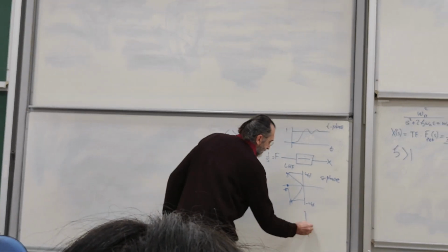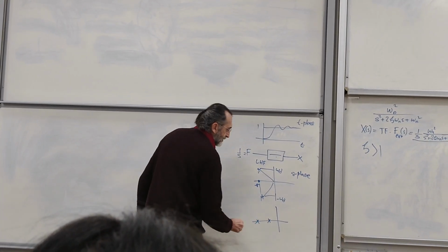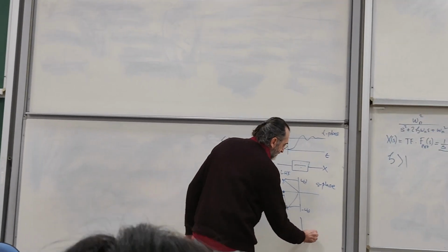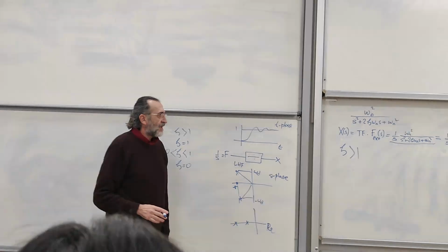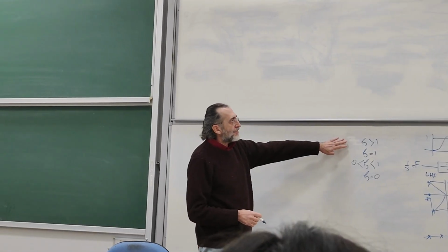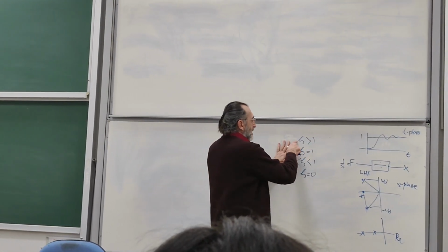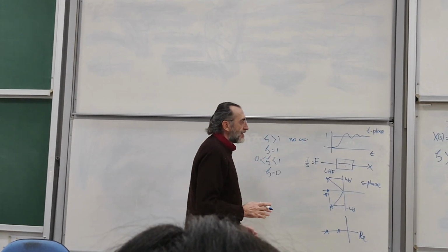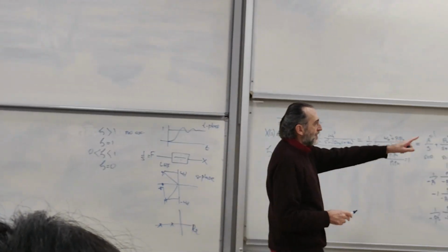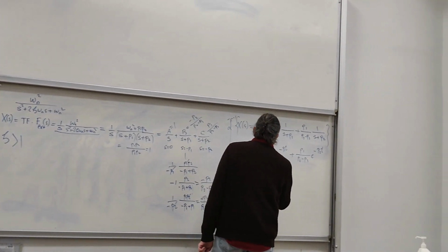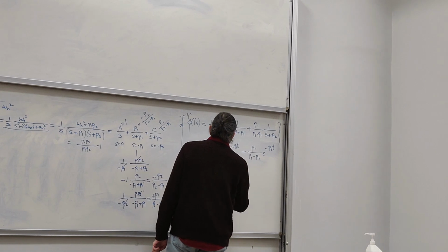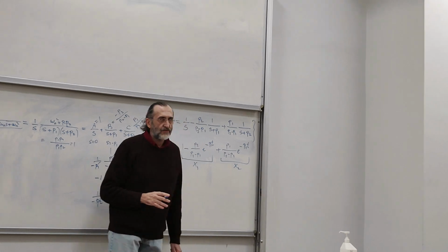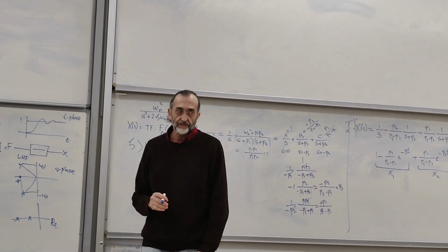So I have 1 and 2, both roots lying on the real axis, as predicted by the value of zeta, no oscillations. Just the sum of two exponentials. Now let's call this x1 and let's call this x2 in order to plot, to make things easier for us.